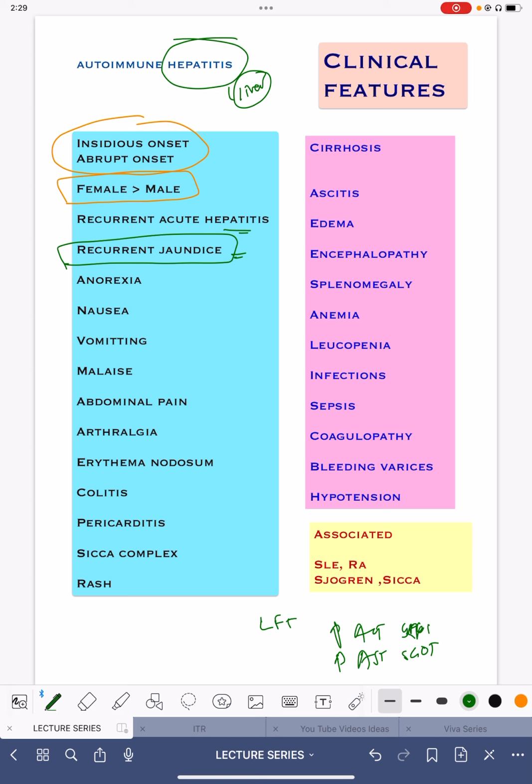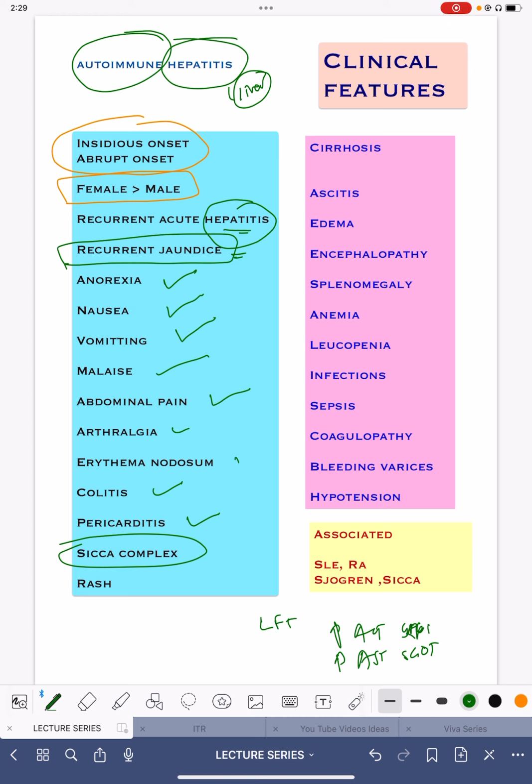Now, whenever we see hepatitis, whenever we are talking about the liver, as the liver is the main organ for digestion, that is the reason why the most common clinical features are reduced appetite, nausea, vomiting, and as this is an autoimmune process, there is an inflammatory cascade going on, causing malaise, abdominal pain, non-specific joint pain, and some other lupoid-like features such as colitis, pericarditis, dry eyes, dry mouth, which we call Sicca syndrome.